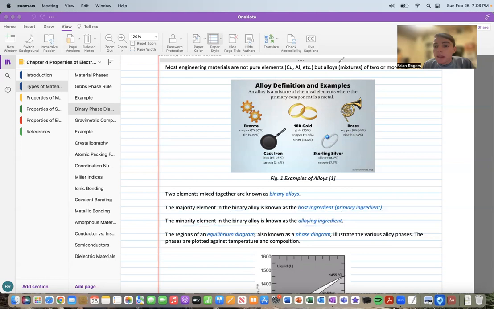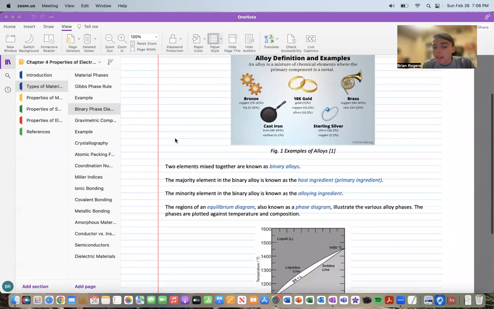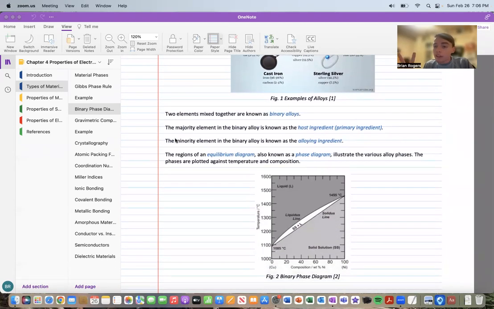And so now that we know when we have a binary alloy, we have 2 elements that are mixed together, what we're going to form down below is a binary phase diagram. And so you're going to see in figure 2 here from our binary phase diagram that it's a mixture of 2 elements. And so the regions of this equilibrium diagram, which is also known as the phase diagram, illustrate the various alloy phases.